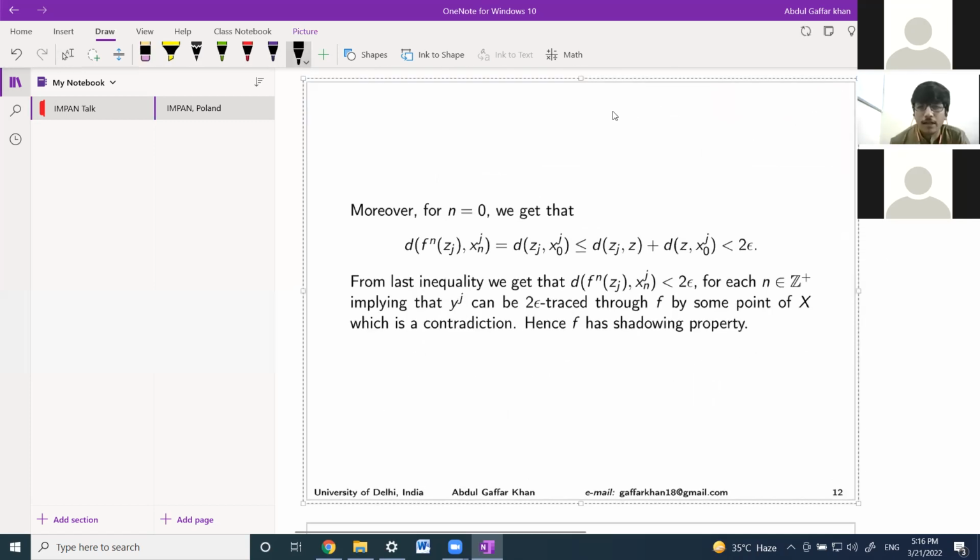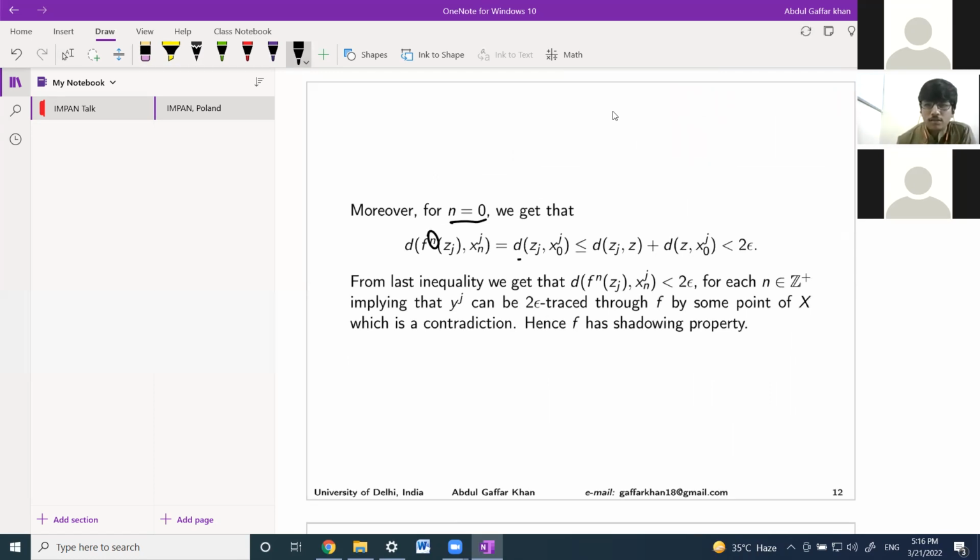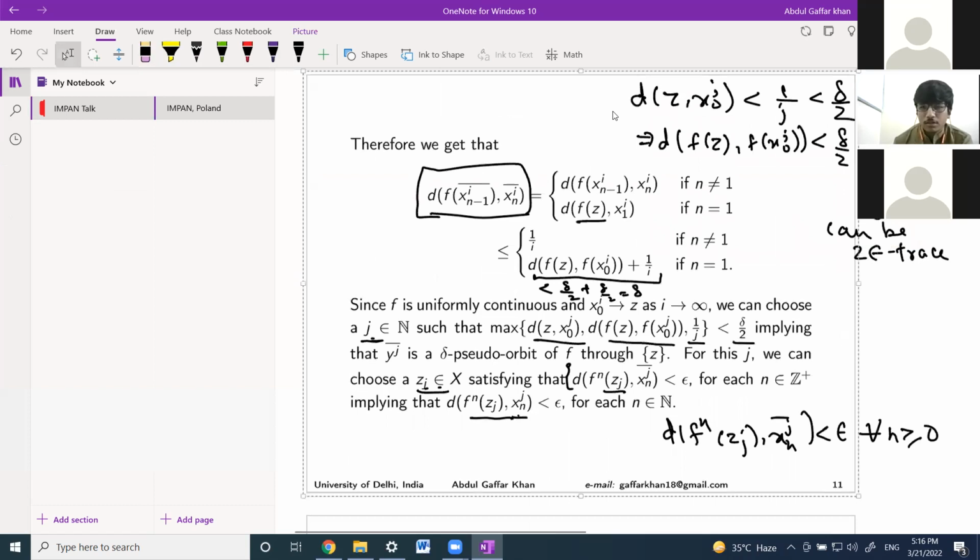So for n greater than or equal to 1, we have already observed that this is less than epsilon. For n equal to 0, we again apply the triangle inequality. N equal to 0 will reduce it to z, and applying the triangle inequality with zj, this quantity is less than epsilon. As from the previous, we have observed that the distance between f zj and x_j bar is less than epsilon, and x_0 bar is nothing but z.